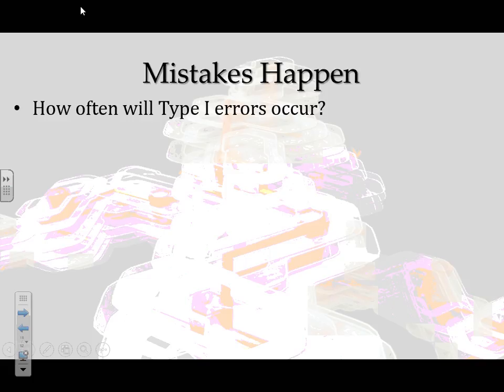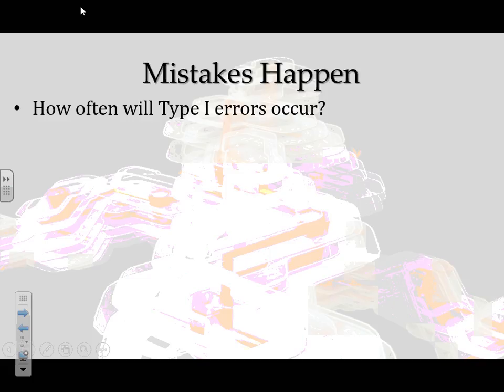If alpha is 0.05, for instance, anything less than 5% gets rejected, right? Well, what's the probability that we get a p-value less than 5%? 5%. If I have an alpha level of 0.1, anything less than 10% would get rejected. So what would be the probability of getting a value less than 10%? 10%.